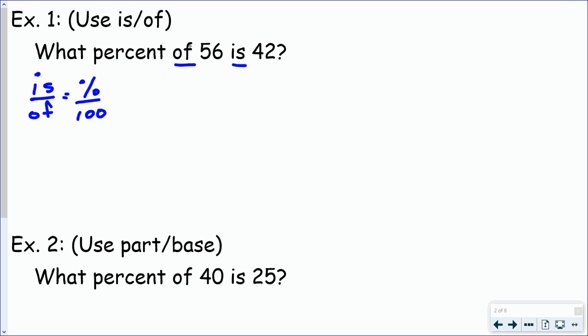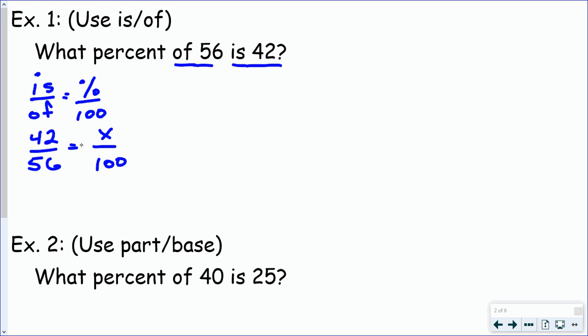This says of 56, so the 56 goes in the of spot. This says is 42, so the 42 goes in the is spot. What we're trying to find in this problem is the percent. It says what percent, so the percent is our unknown.